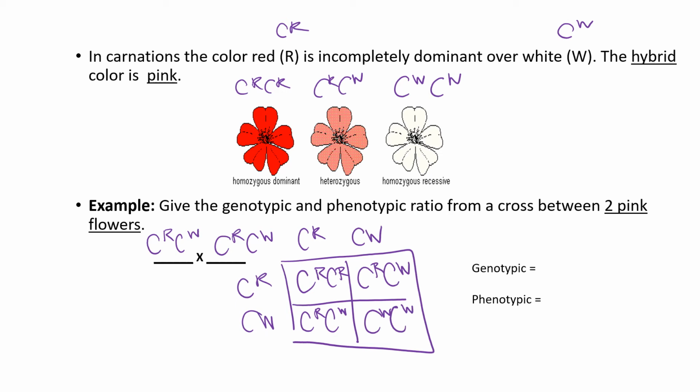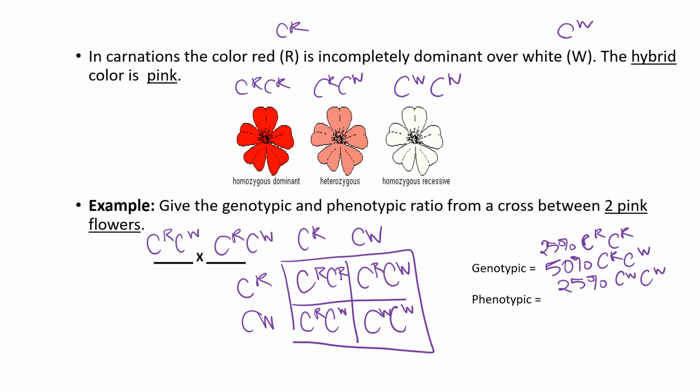So the genotypic ratio for this, looking at just the letters that are there: 25% are CR CR, 50% are CR CW, and 25% are CW CW.